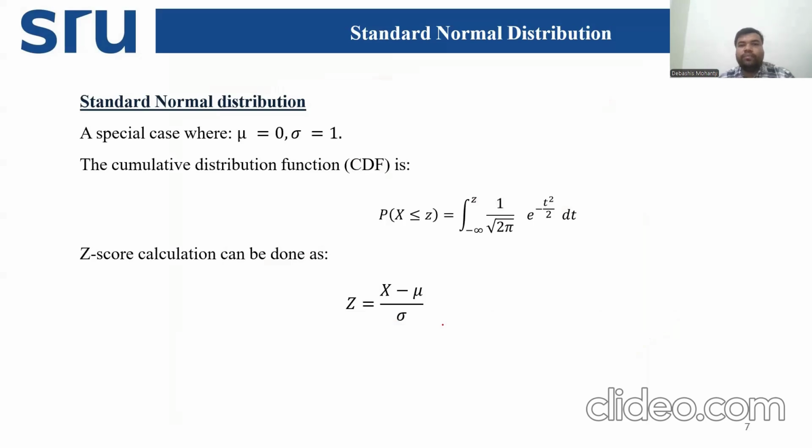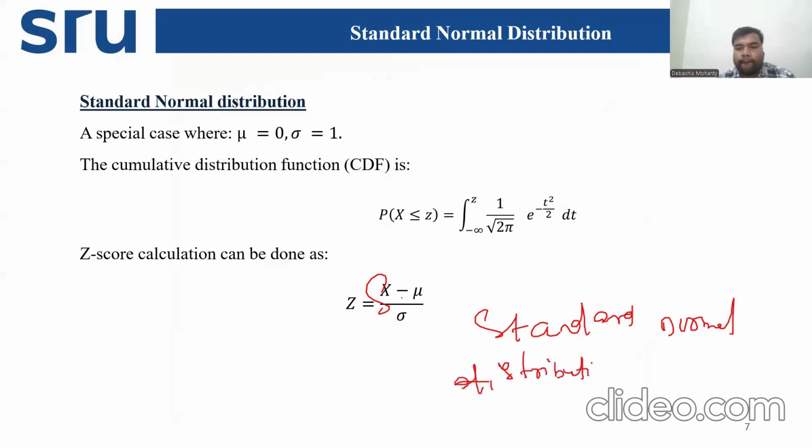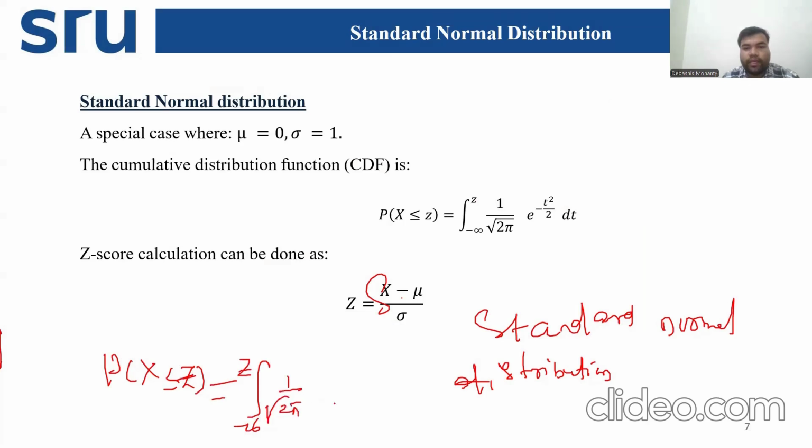Next, coming to a very important thing, the standard normal distribution. Here the probability of x less than or equal to z is represented as the integral from minus infinity to z of 1 by square root of 2 pi times e raised to the power minus t square by 2, dt.